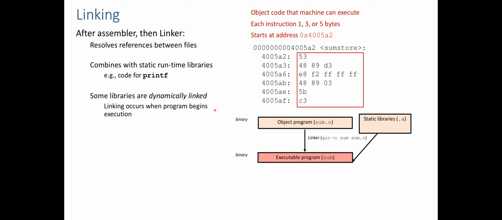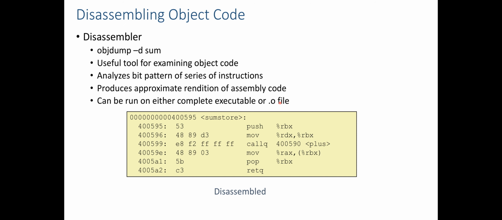Okay, so this is that object code. And then over here, these are addresses of where each of those instructions are located in the memory of the machine. Now, there's a program called a disassembler, which can take any executable that you have.